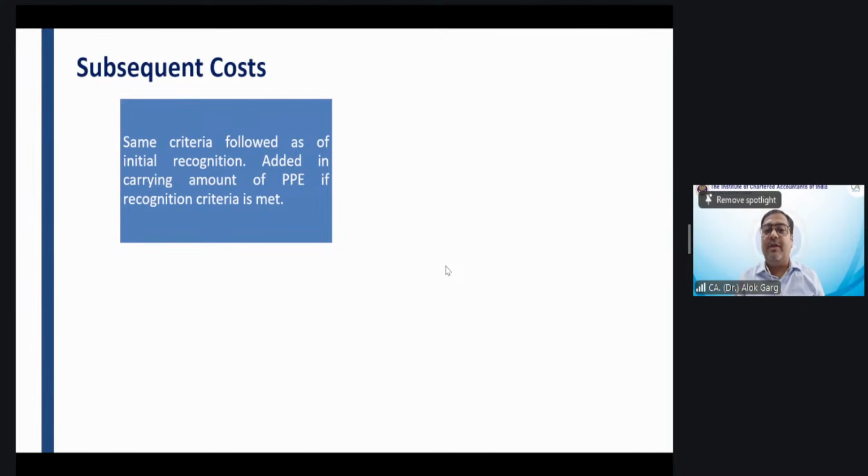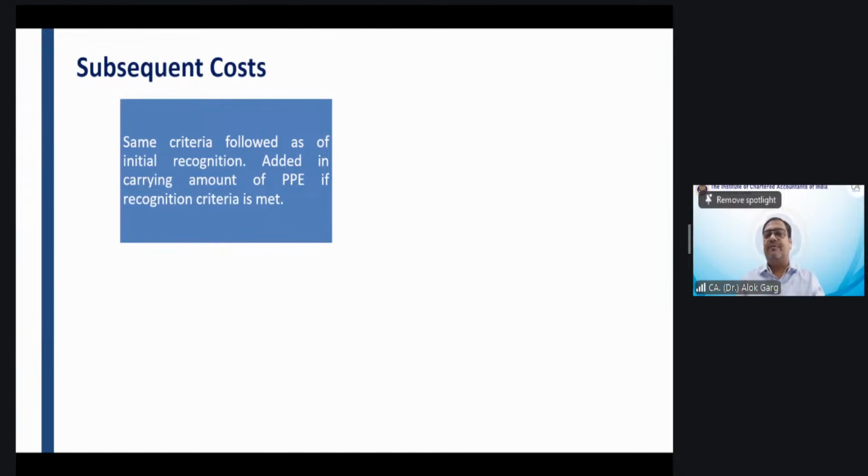On every reporting date, you will charge depreciation. You will evaluate the impairment. This is known as subsequent measurement. Subsequent means after initial.